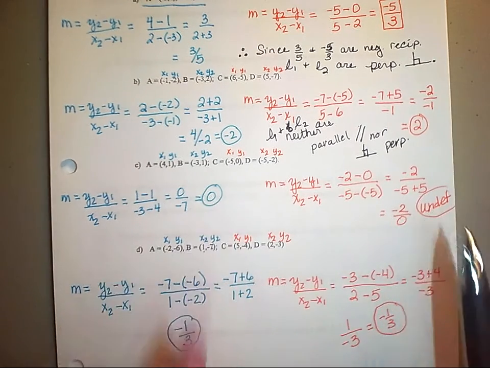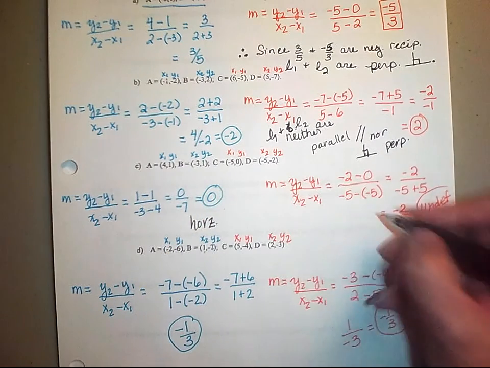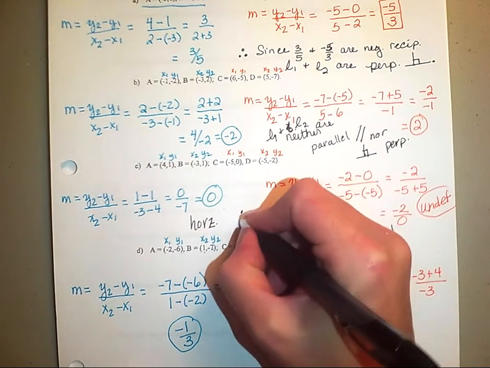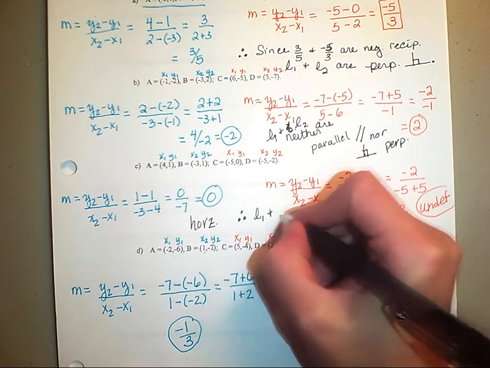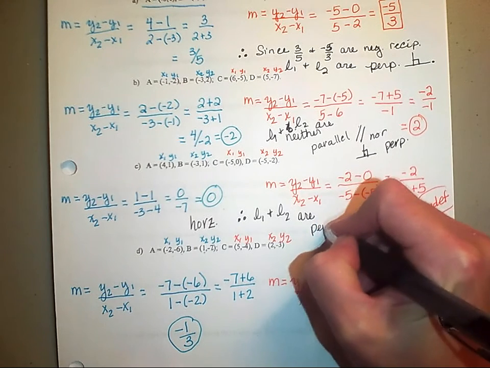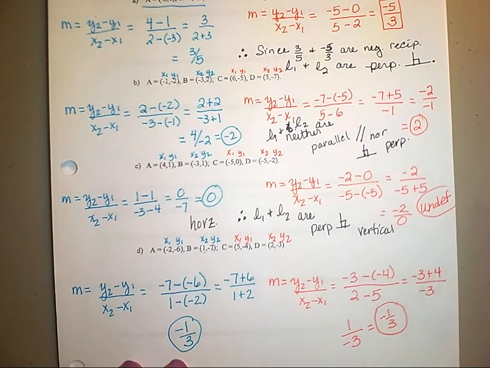Okay. And so this is actually a horizontal line because the slope is 0. This is a vertical line, and therefore L1 and L2 are perpendicular. Okay, so that's that special case of being perpendicular, the 0 and the undefined.